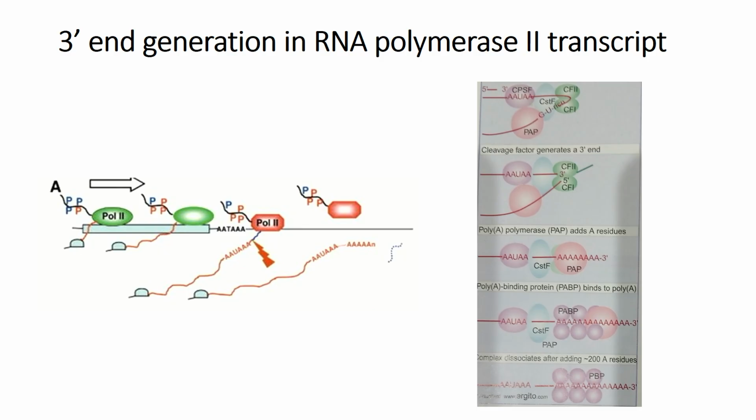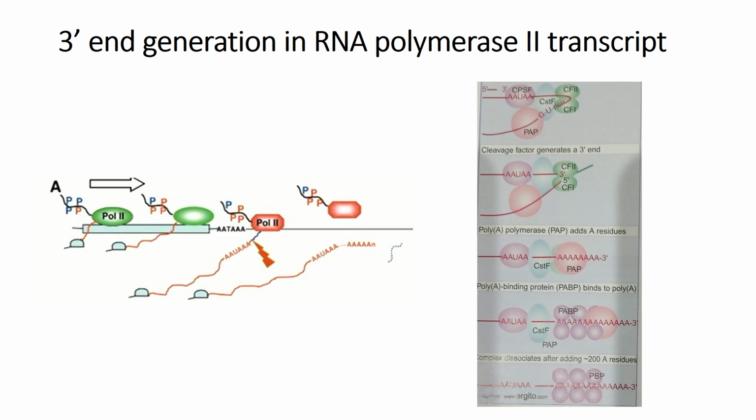So, result is that because they have only 2 bonds and there are no 3 bonds, they are separated easily and thus the transcription is over. In RNA polymerase 2, the 3' end is generated. RNA polymerase 1 we said terminates in the terminator. In RNA polymerase 3 also there is a terminator, a specific region where transcription terminates.